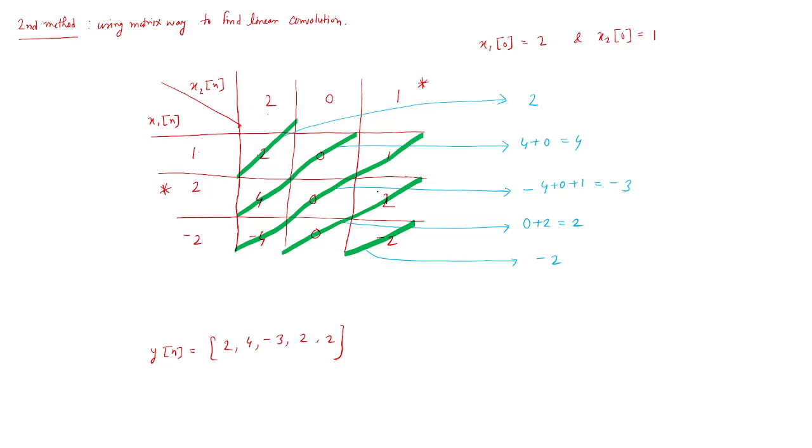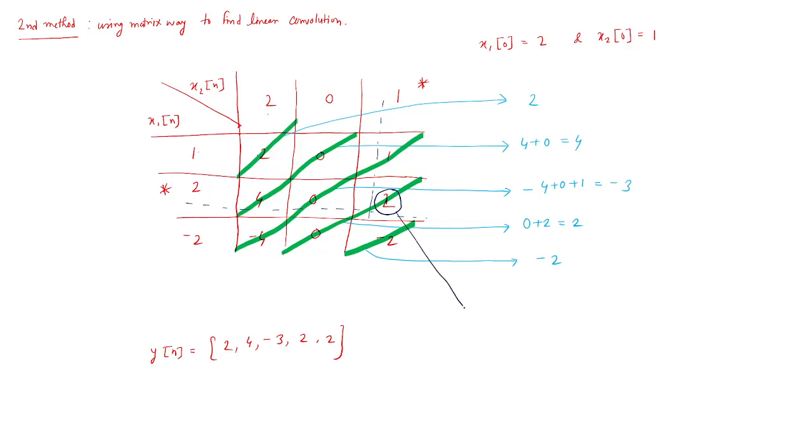Let me mark it out. They two intersect here, that is for this element. So this element is where the row and column corresponding to x1[0] and x2[0] respectively intersect. So therefore the diagonal that passes through this element, the sum across this diagonal is going to be your y0.